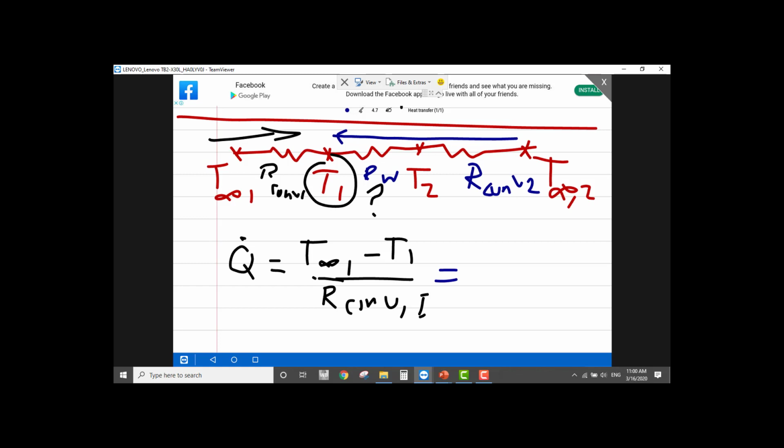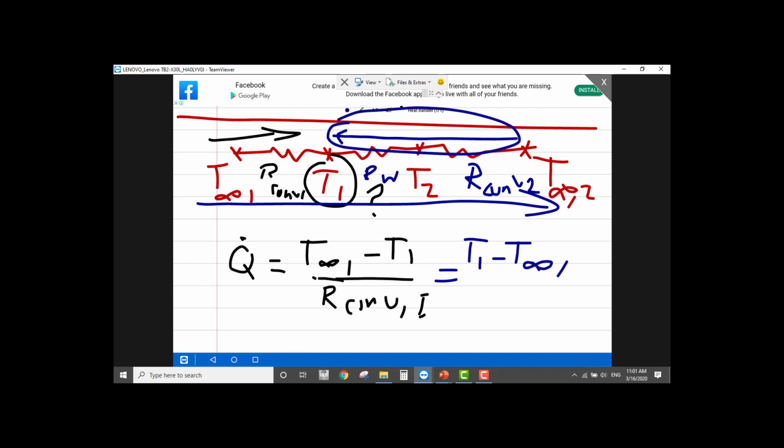Because T1 is highest, we start with T1, because the flow of Q is in this direction. Remember that. So we start from T1 minus T infinity 2. How many resistances do we have between these two temperatures?